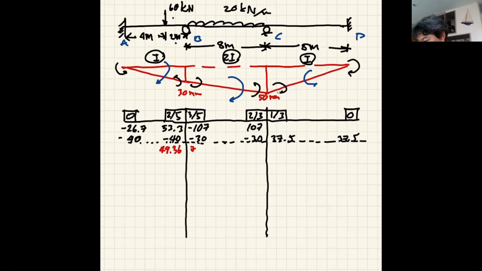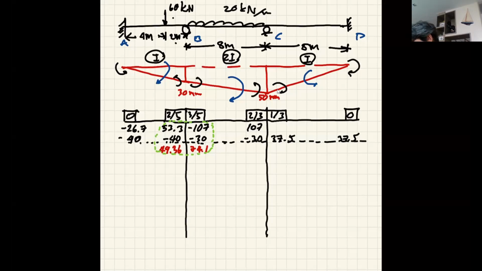So here is 74.1. Again, notice that after the first cycle, after you balance everything, this sigma moment better be 0. And we move on to the second support.